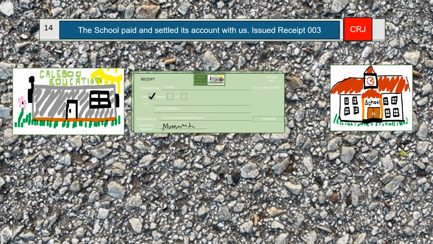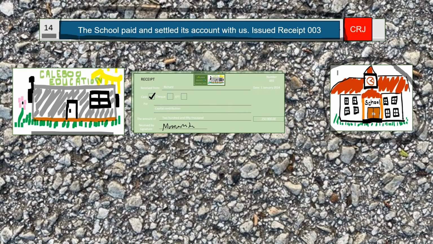Now, the school also has an account with us in this transaction here. So the school is also a debtor of Calibu. Calibu has been selling to the school not just cash, but on credit. Now it says on the 14th, the school paid and settled its account with us.